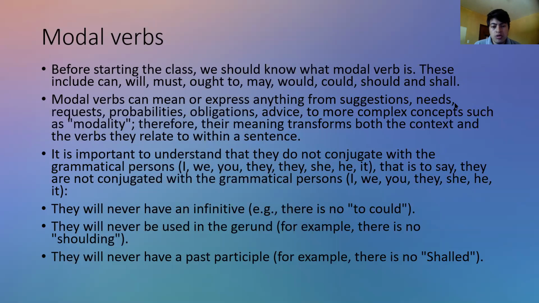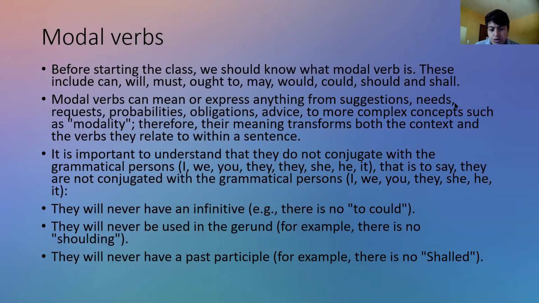It is important to understand that modal verbs do not conjugate with the grammatical persons: I, we, you, they, she, he, it. That is to say, they are not conjugated with the grammatical persons. Okay? They will never have an infinitive. For example, there is no "to can".